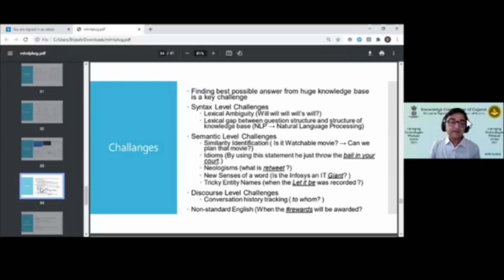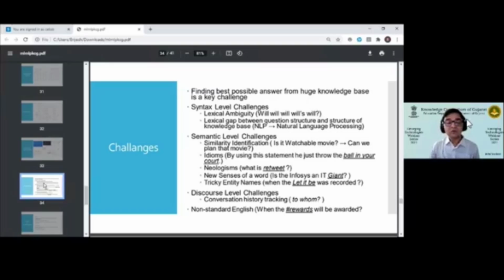And there are semantic level challenges like similarity identification. Is it a watchable movie, or can we plan that movie? In both cases, the intention or the information expected is the same, but the sentence construction is completely different. The words used are also different.